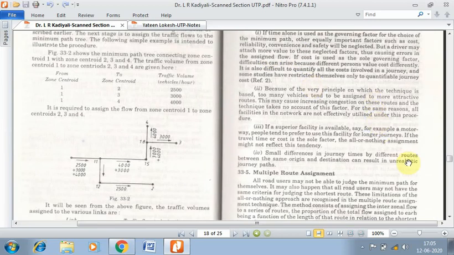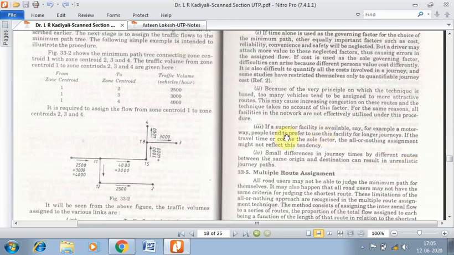Secondly, because of the very principle on which the technique is based, too many vehicles tend to be assigned to more attractive routes, which might cause increasing congestion on those streets, and this might make the other facilities less utilized in the process.